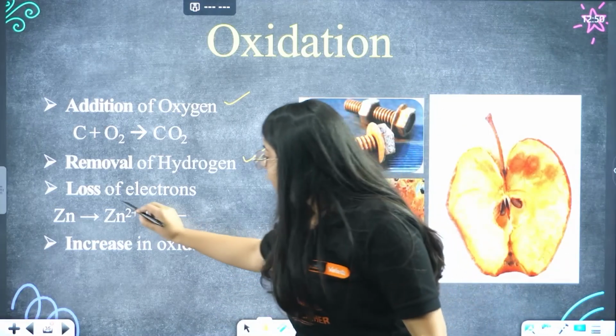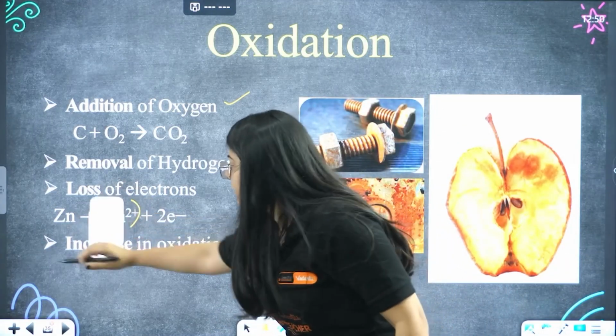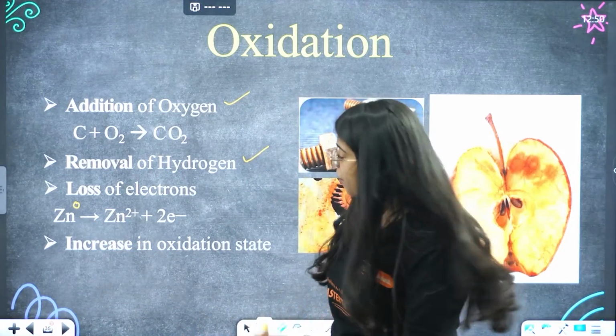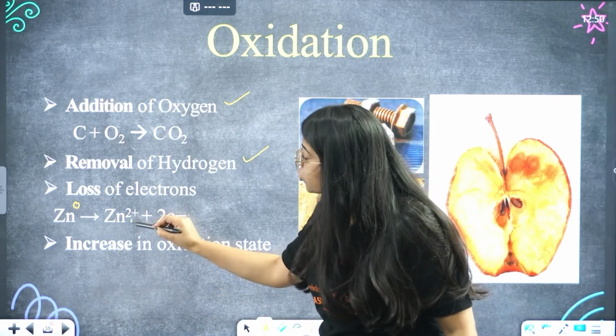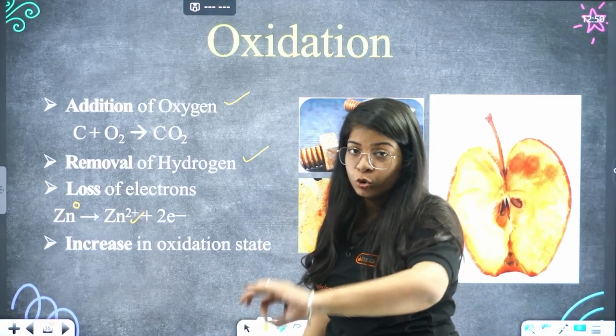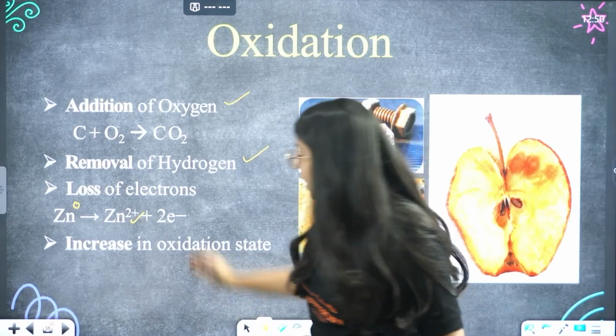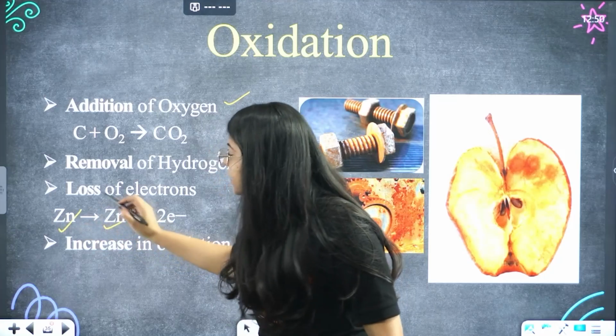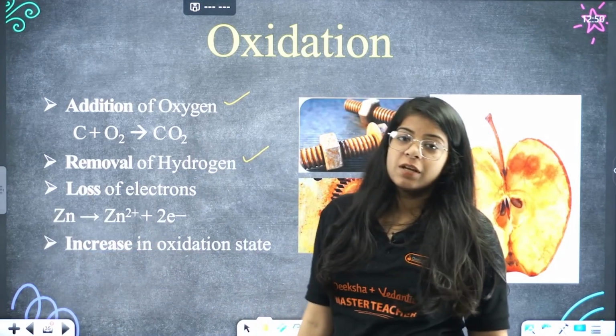That means the oxidation state is increasing. Here the oxidation state of Zn is 0, but now it is plus 2. From 0 to plus 2, it increases, right? So the oxidation state increases during oxidation.